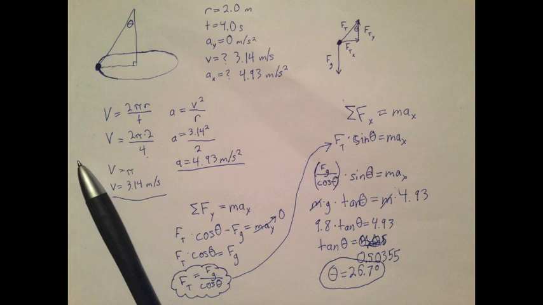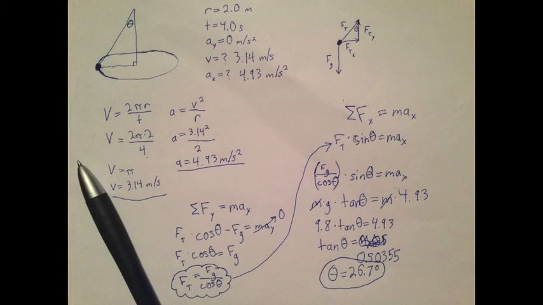Now we know that the force of gravity is equal to mass times gravity, times sine of theta divided by cosine of theta, which is equal to tangent of theta, is equal to mass times the acceleration, which we found earlier to be 4.93 meters per second squared.